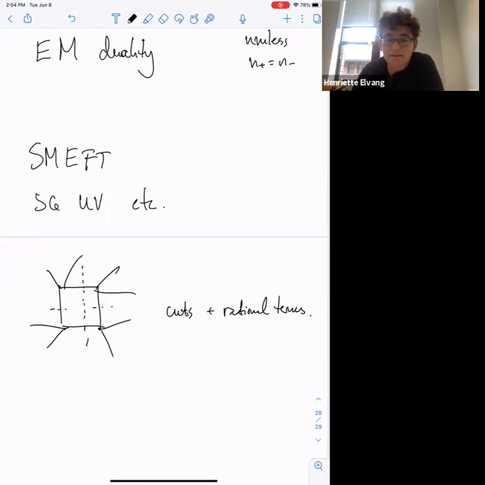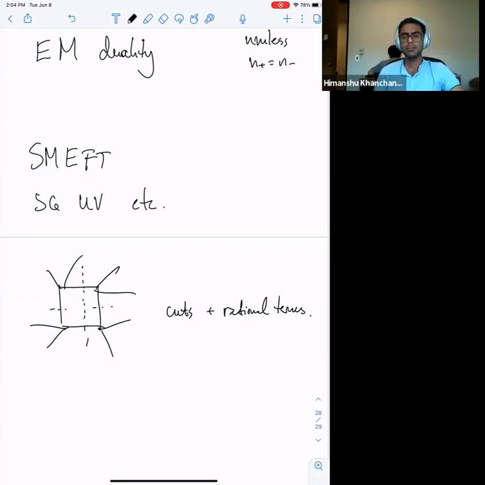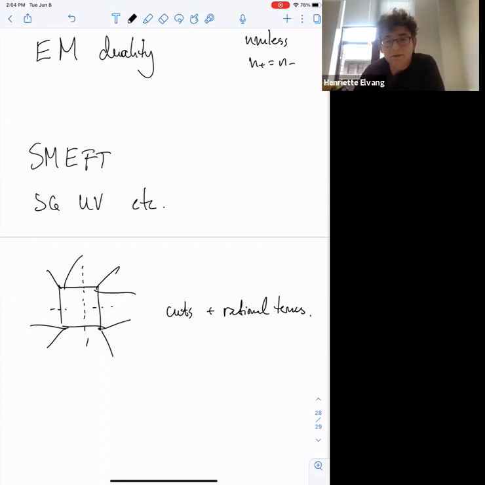The other thing, somebody asked about loops last time in connection to soft limits. And that has actually been a cause of some confusion early on in the field, because when you have only massless particles, your loop amplitudes tend to be IR divergent. And so you need to define what the physical part of the amplitude is, the part that actually makes sense after subtracting off the IR divergences.